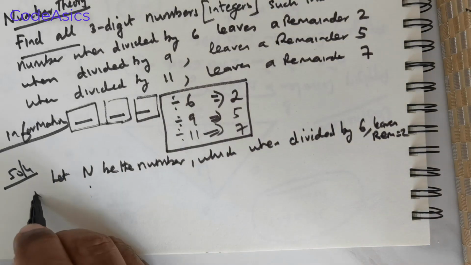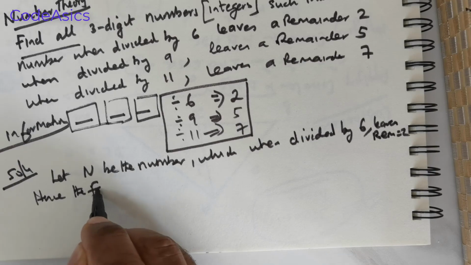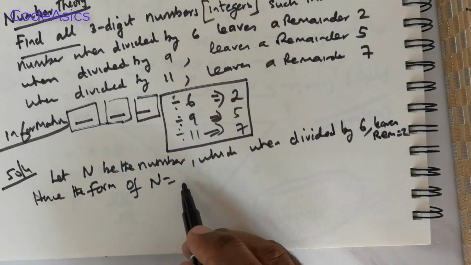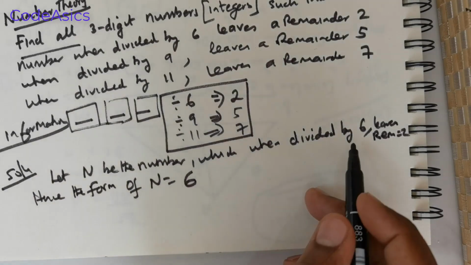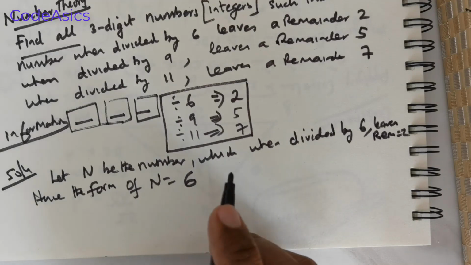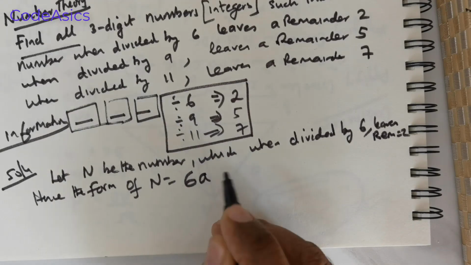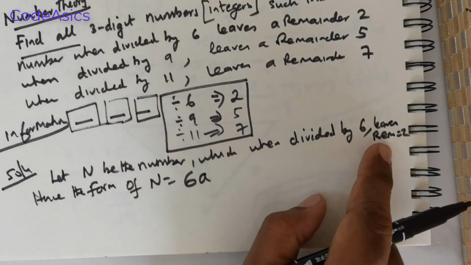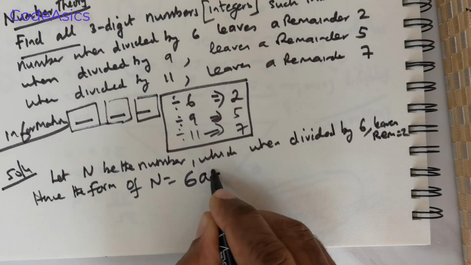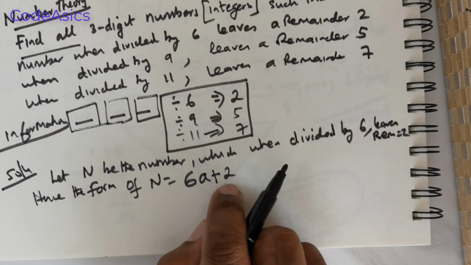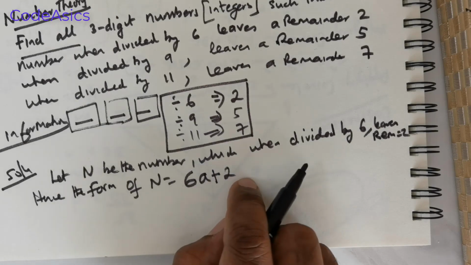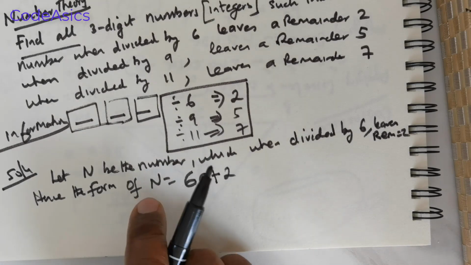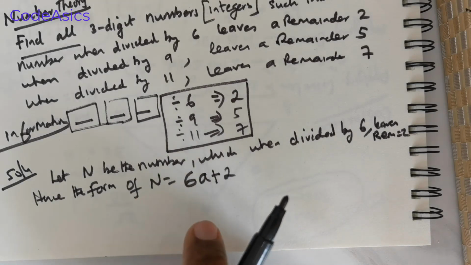So hence the form of n would be, how would n look? Since I'm dividing by 6, let a be some constant. So n equals 6a. If this has to be divided by 6, the remainder will be 0. But according to the question, the remainder is 2. So 2 will be the number that would be left out, right? So this is how we represent a number which, when divided by 6, leaves the remainder 2.